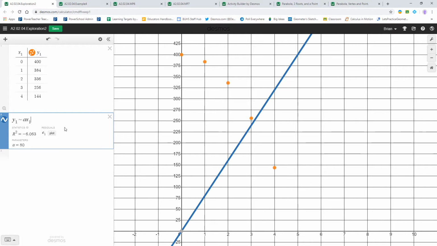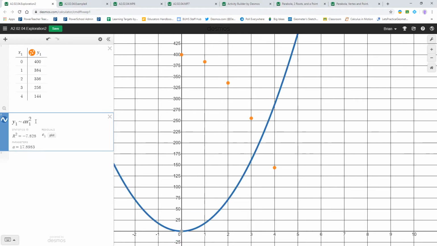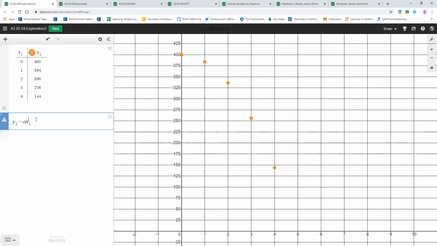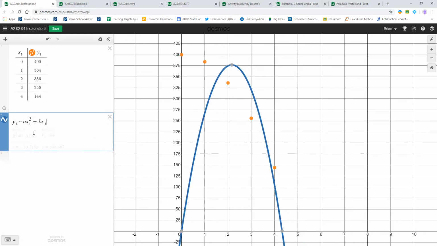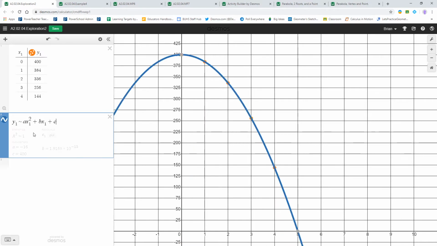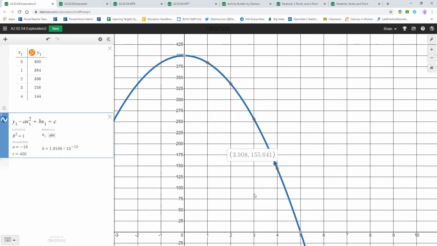So I'm going to do y sub 1 is approximately, by the way, is what that tilde sign means, a parenthesis x1, shift 6 gives me the caret, gives me the access to the exponent here, x1 squared plus, and now I'm gonna keep typing it out, and everywhere there was an x, I'm gonna type an x1, and then plus c, and boom! Look at that! Woo! It actually hits that pretty accurately, and I now have an equation that models that.